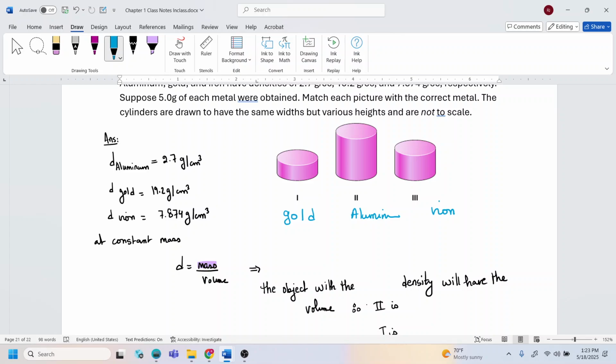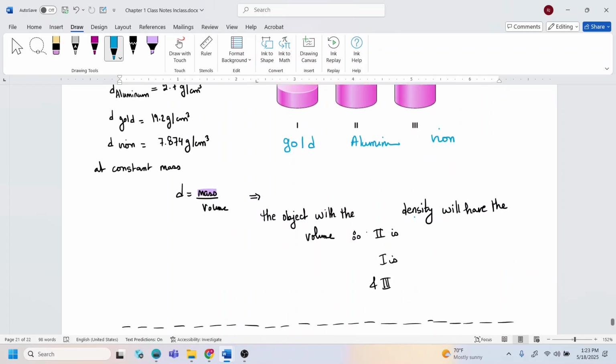Aluminum has the lowest density, so it's going to have the highest volume. Gold has the highest density, so it's going to have the lowest volume. This leaves iron. So as we said, 2 is aluminum, 1 is gold, and 3 is iron.